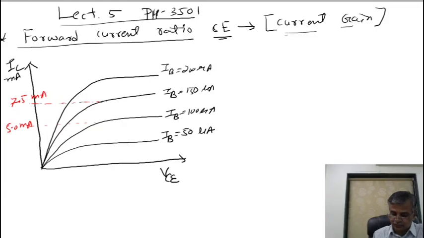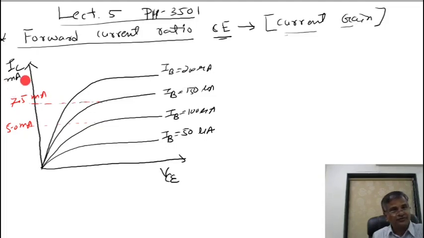These graphs show these output characteristics. These graphs show that output current is of the order of milliampere. This is your input current. Output current is of the order of milliampere, and input current is of the order of microampere.